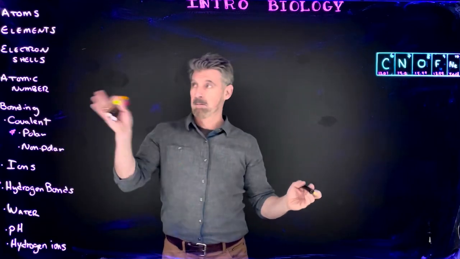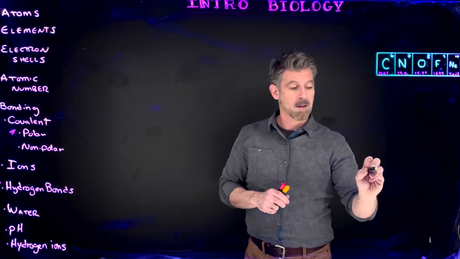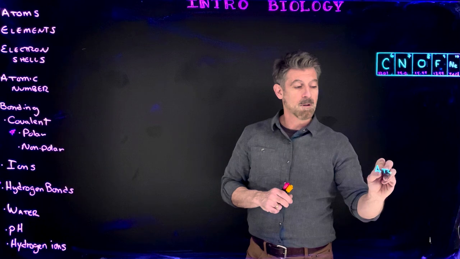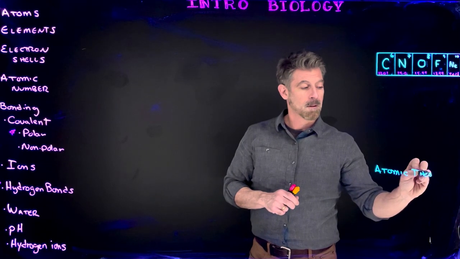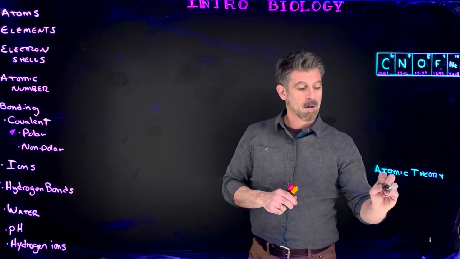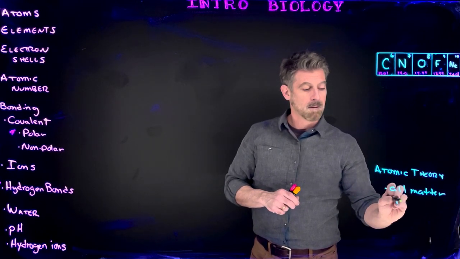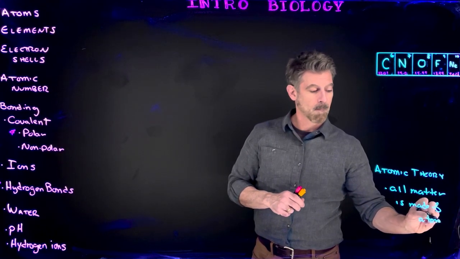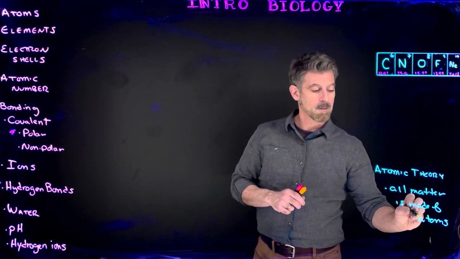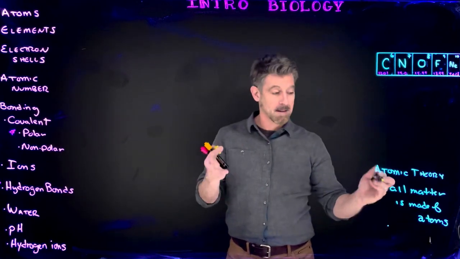So we have something else. I talked about cell theory in a previous lecture. We have also atomic theory. All matter is made of atoms. Okay, so often atoms are the smallest unit of matter, that sort of thing.